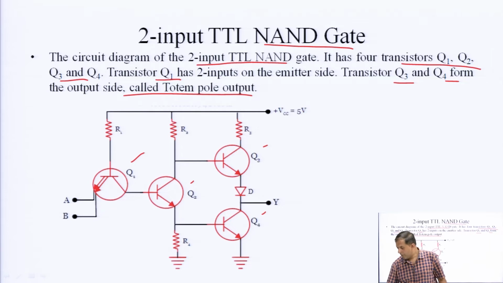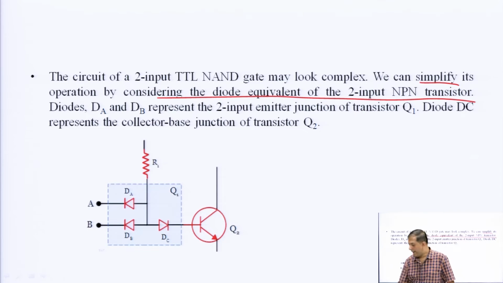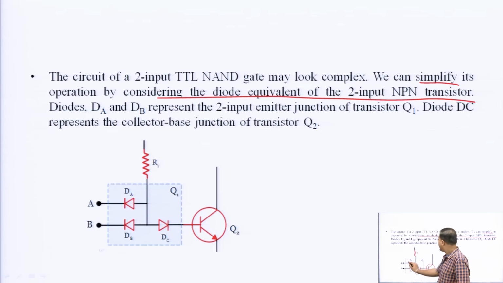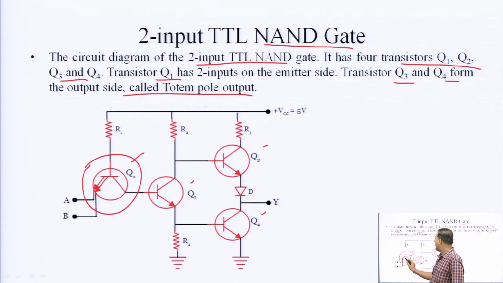The circuit of the 2 input NAND gate may look complex, but we can simplify its operation by considering the diode equivalent of the 2 input NPN transistor. Here you can see this part we are going to simplify. We have taken diodes. Here DA and DB represent the 2 input emitter junctions of transistor Q1, so Q1 can be replaced by 2 diodes.